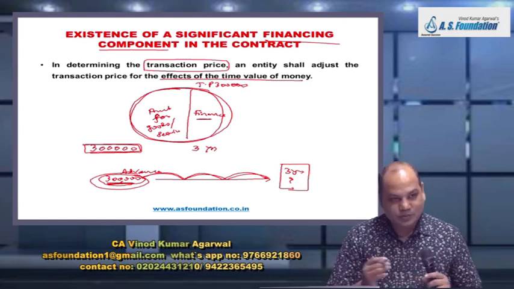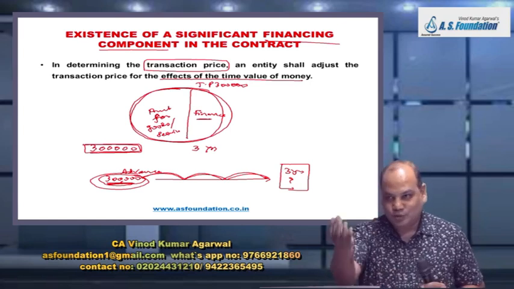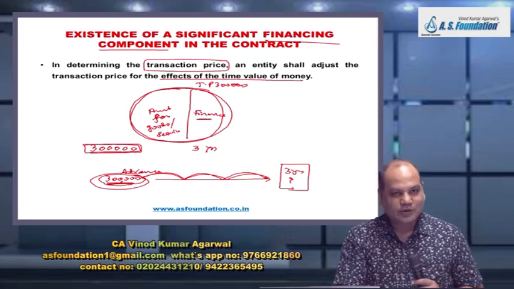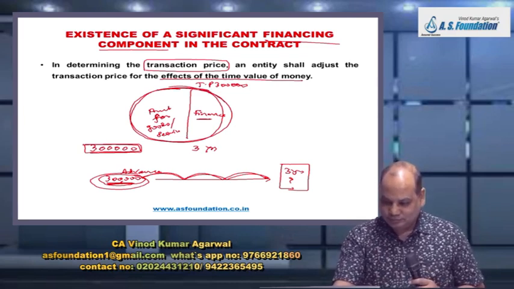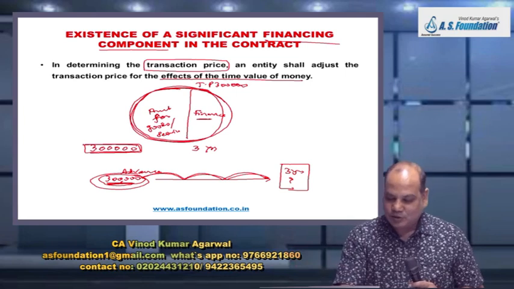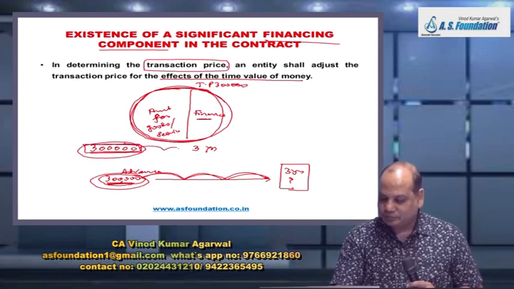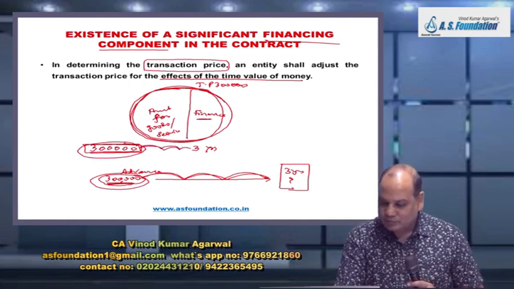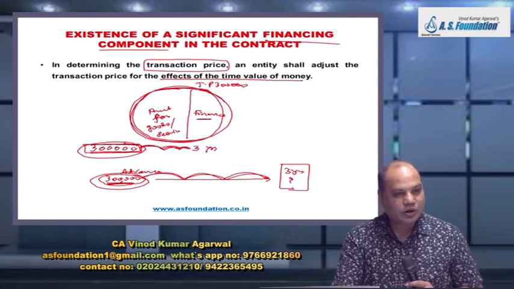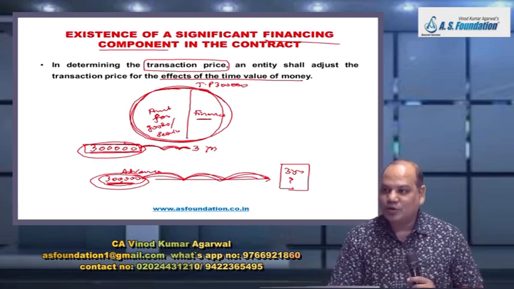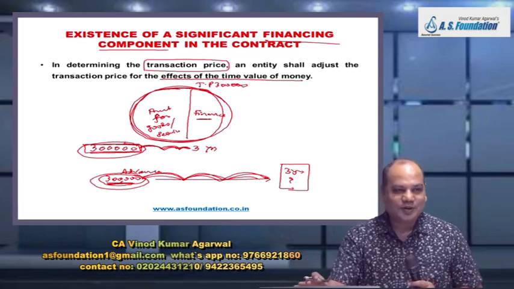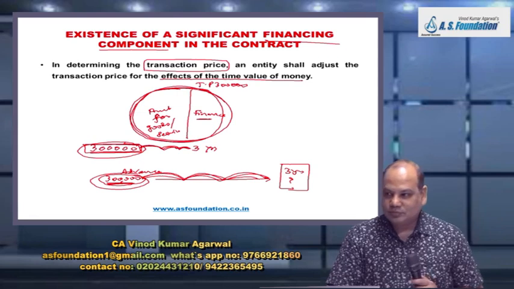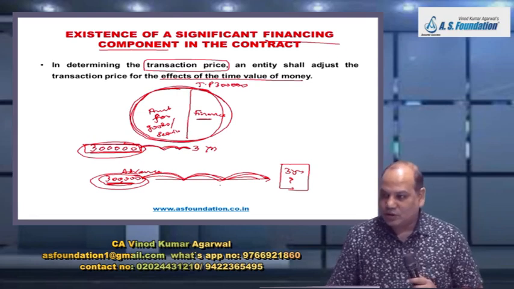So sometimes the customer may pay you in advance and you deliver the goods or service later. Or you may deliver goods or service now and he may pay you later. So in the first example, the customer is paying interest to you, so reduce it from the total transaction price. In the second example, you are paying interest to the customer, so add it to the advance amount and recognize interest as your expense.